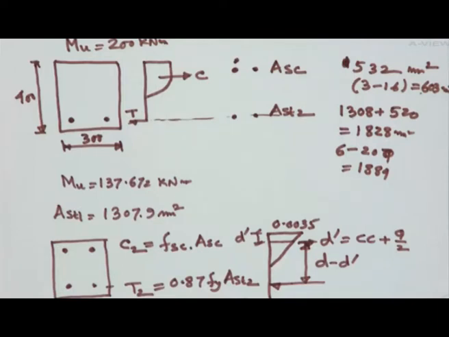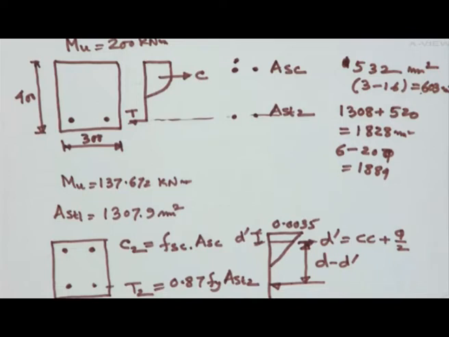If you solve a few problems, you will immediately be able to remember them. For 16 millimeter dia bar it is 201, for 20 millimeter dia bar it is 314. So 314 into 2 gives 628, whereas with 3-16 I have provided only 603, which is very close to the actual value.